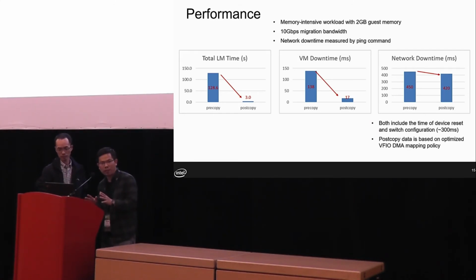Roughly estimated, we spent 100 milliseconds for the device reset, and we spent 200 milliseconds waiting for the traffic to really come back, because the switch needed to learn the MAC address on this port and switch that port.